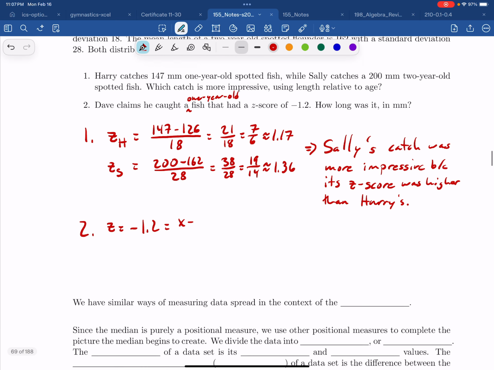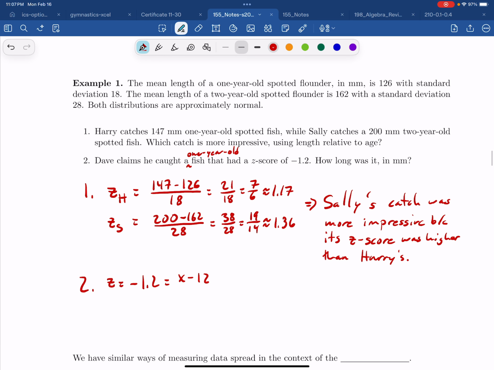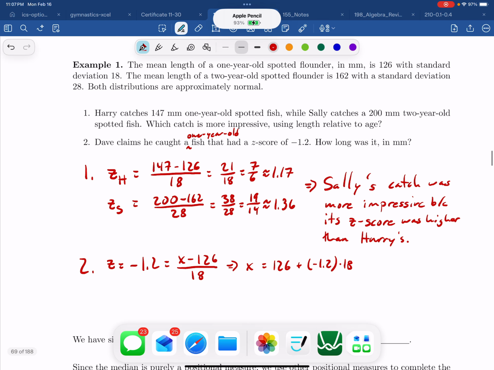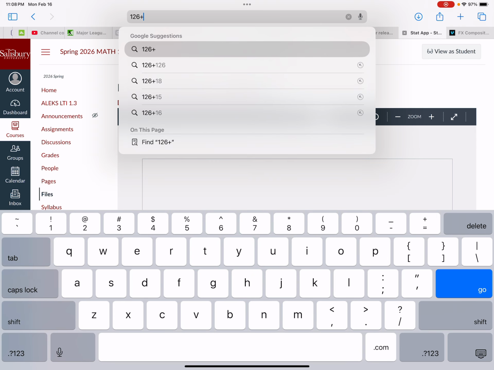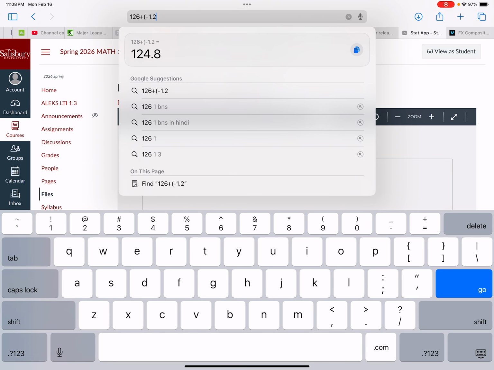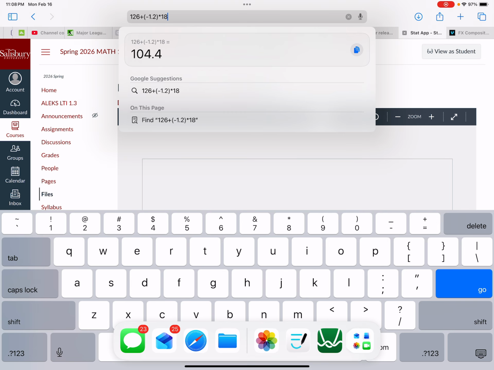Okay? So that means that its mean will be 126, and the standard deviation 18. And that implies that x is going to equal 126 plus negative 1.2 times 18. Right. And we can just do this out. 126 plus negative 1.2 times 18. That gives us 104.4.